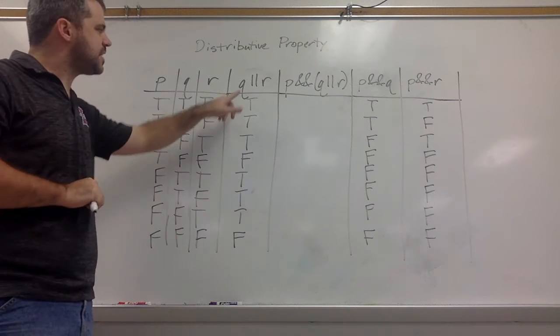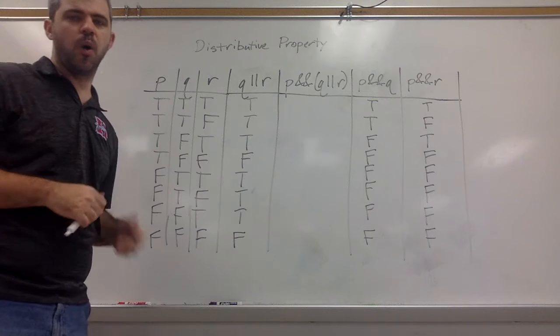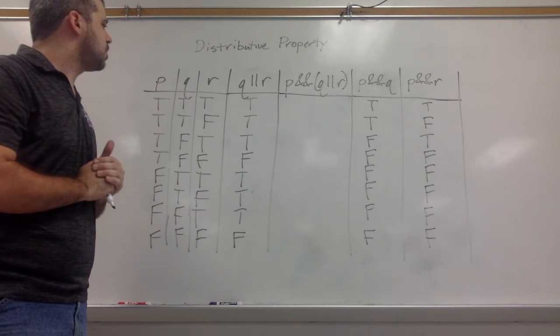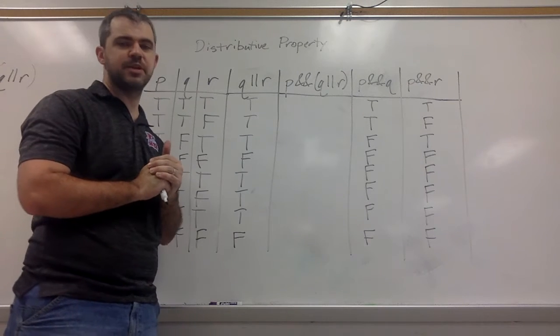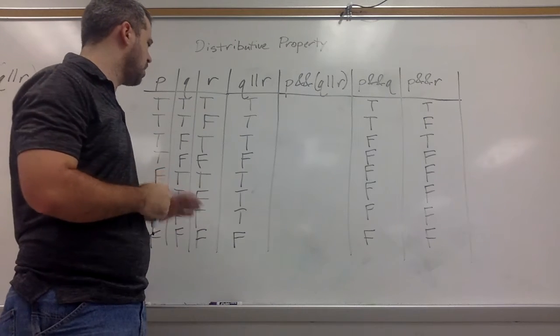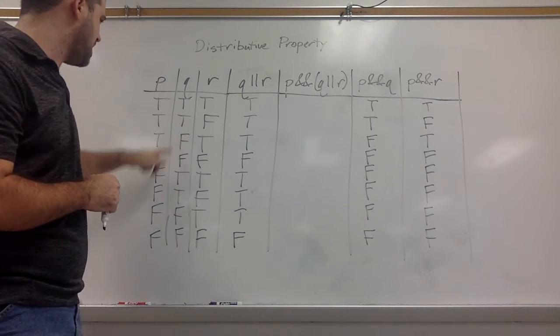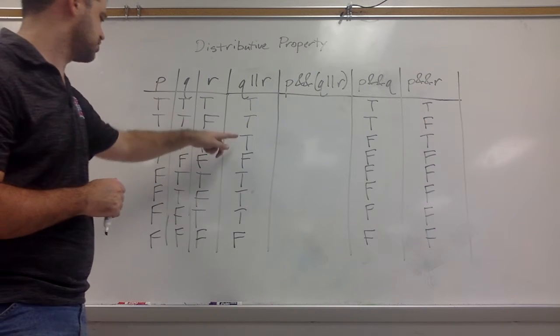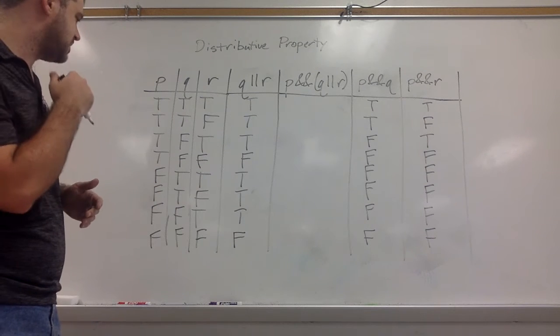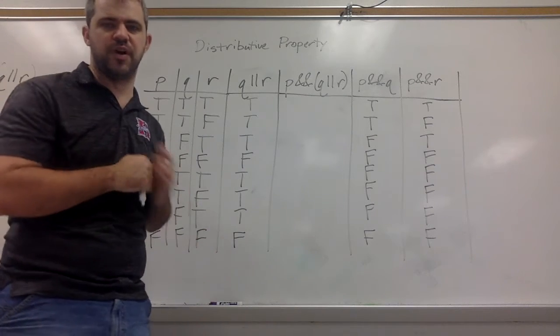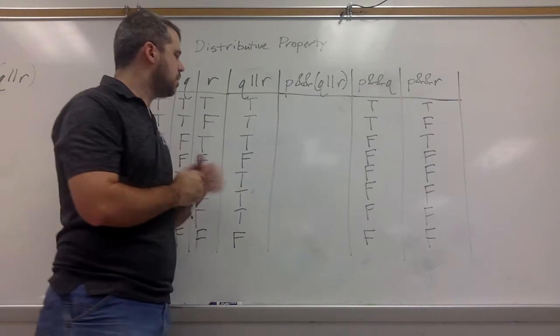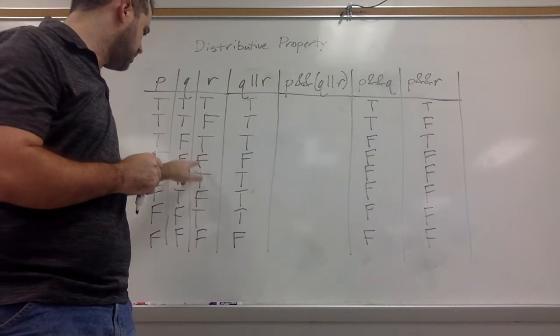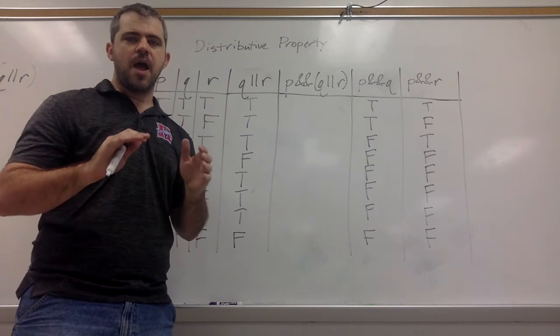So I've gone ahead and given us Q or R. Q or R is going to be true if either Q or R is true. So anytime Q is true, we got a true. Anytime R is true, we got a true. Basically, the only time we didn't was when they were both false. So of those 8, only these 2 were false.